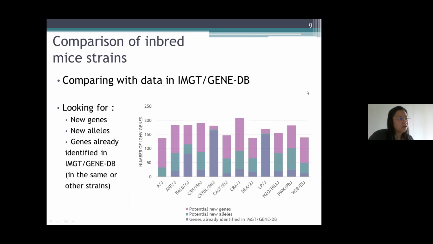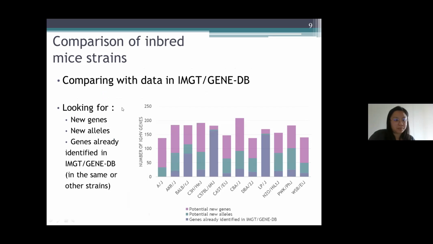And then I compared those predicted genes to data that were already available on IMGT GeneDB. And these are my preliminary results for IGHV genes.